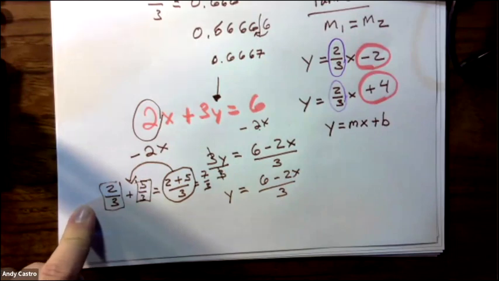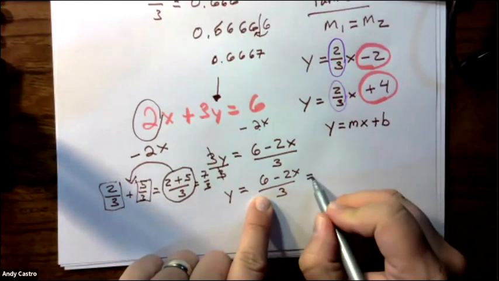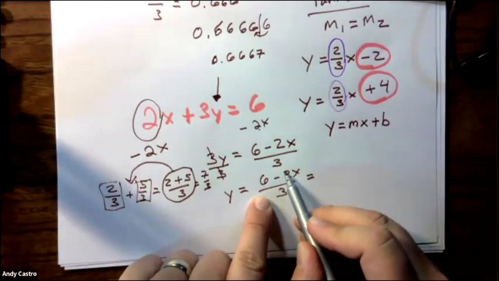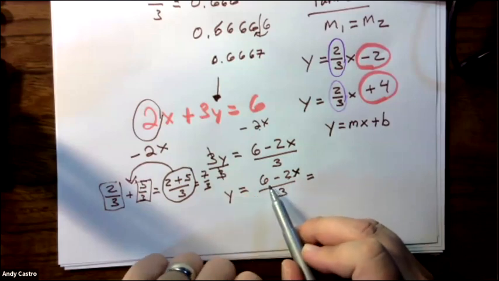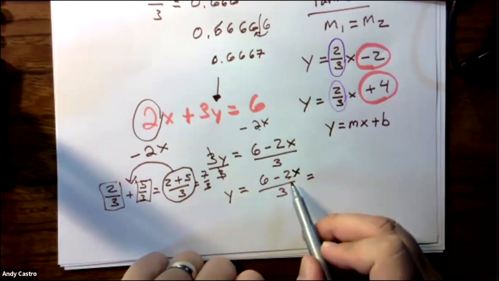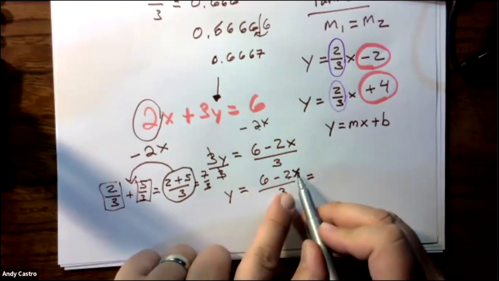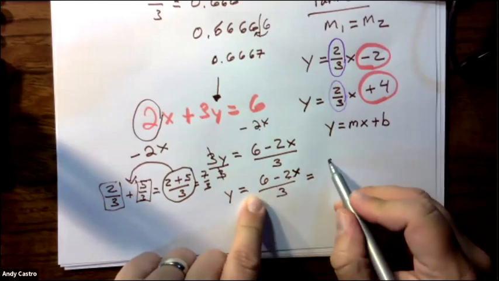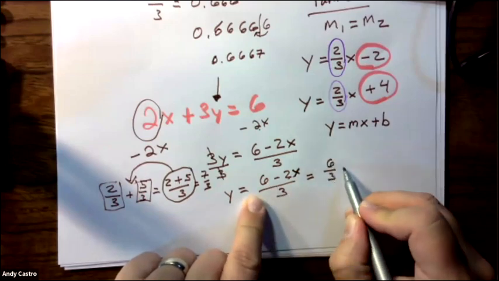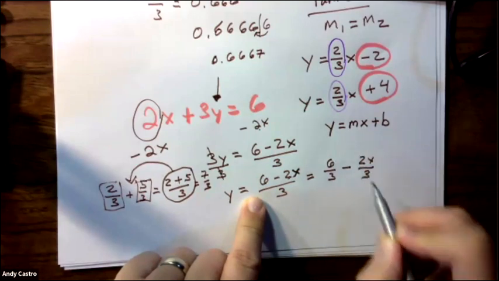And I'm going to use that same idea here. I have 6 minus 2x all over 3. I can't combine the 6 and the negative 2x, but I can split each term over the denominator. So I can have 6 over 3 minus 2x over 3.